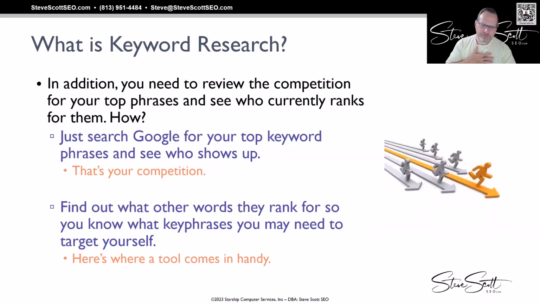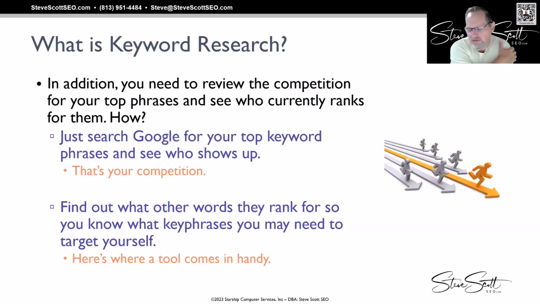In addition, you've got to review the competition that you're going up against, right? If I do want to get found for digital camera and I type that into Google and I see Amazon and Target and Best Buy and Walmart showing up, well, listen, I don't have the kind of marketing budget those guys do. It's unlikely I'm ever going to get ranked for that word or phrase because of who I'm going up against.